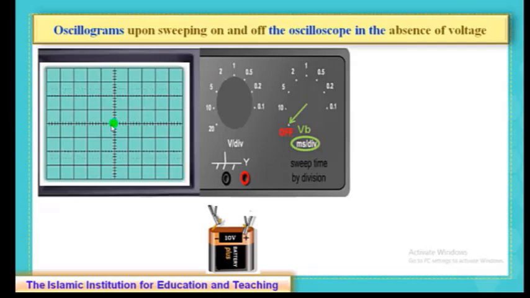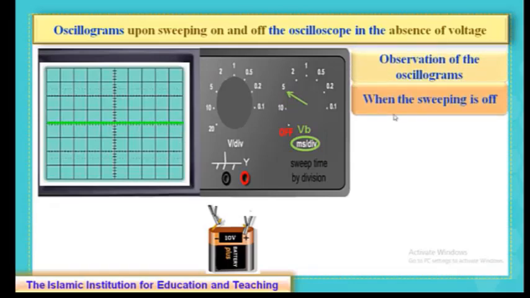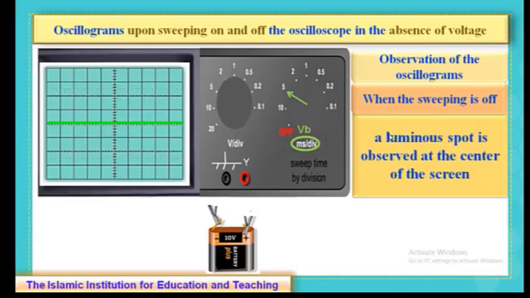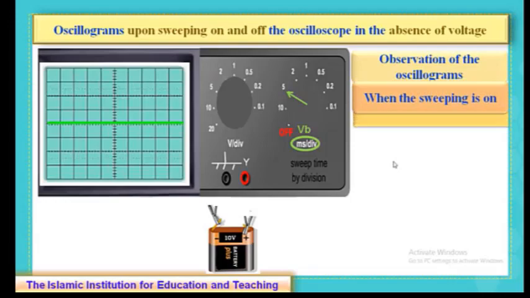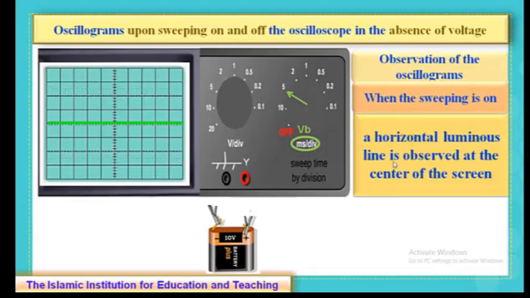But when we sweep on the oscilloscope, the luminous spot starts to move on the x-axis and accelerates until it appears as a horizontal luminous line. So, when we sweep off the oscilloscope, a luminous spot is observed at the center of the screen. But when the sweeping is on, a horizontal luminous line is observed at the center of the screen.